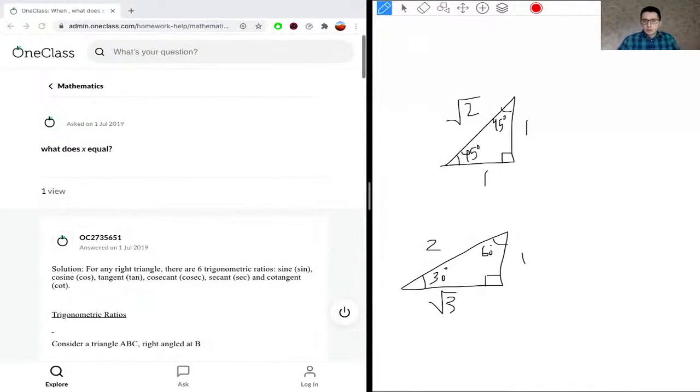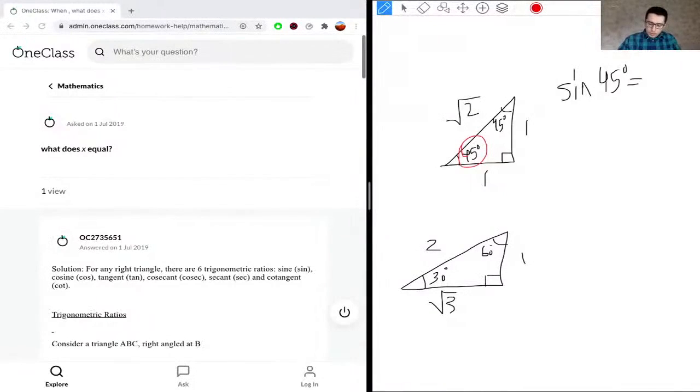So we can see how SOHCAHTOA might come in handy here. Let's say we're looking at this angle. If you wanted to say what is sine 45 degrees, we know it's opposite over hypotenuse.